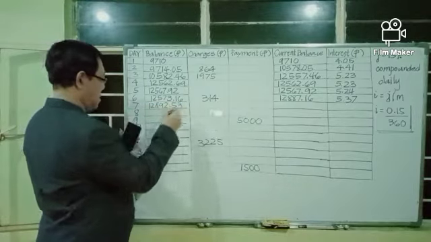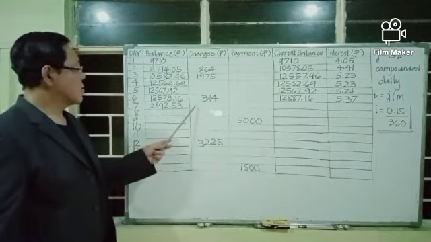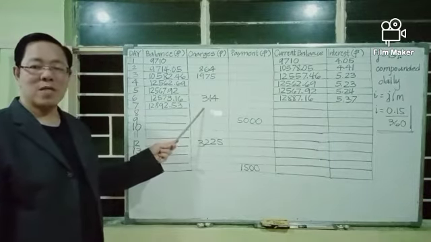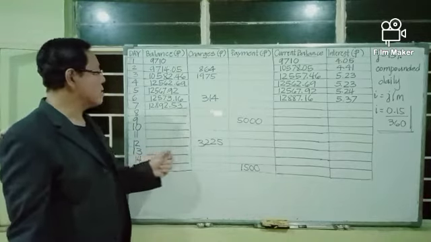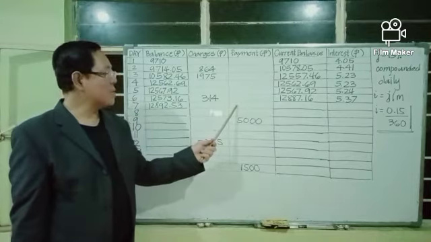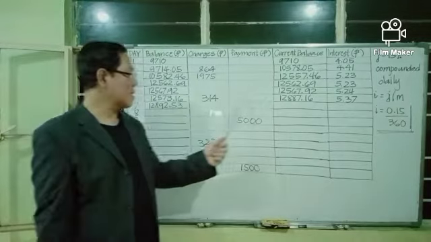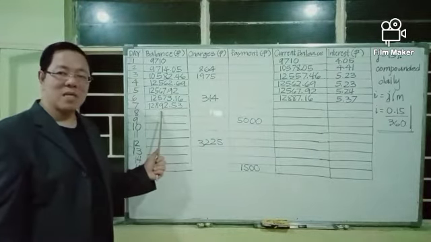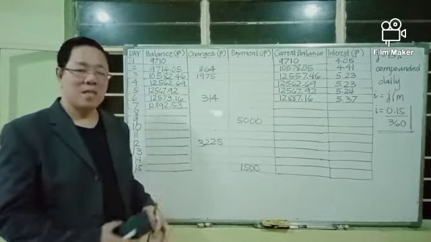And you can see that there were no charges made on the credit card of Nina, which means that Nina did not use her credit card on November 7, and no payment was also made by Nina on November 7. Hence, the current balance at the end of November 7 is the same as the balance at the beginning of November 7, 12,892.53.